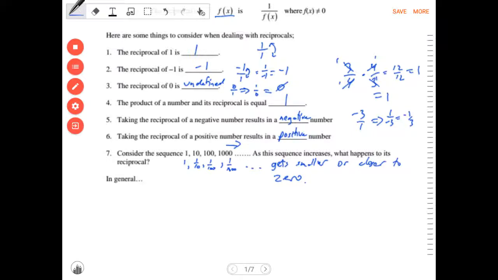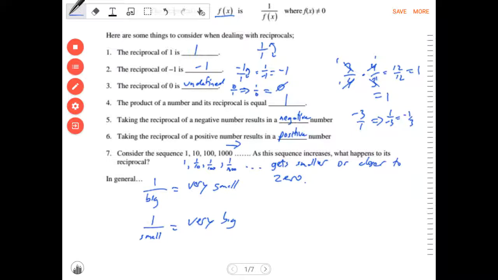If you take a very large number and take the reciprocal of it, 1 divided by big is very small. And likewise, 1 divided by something really small is very big. Now 1 divided by 1,000, I think we can all agree that's very small.